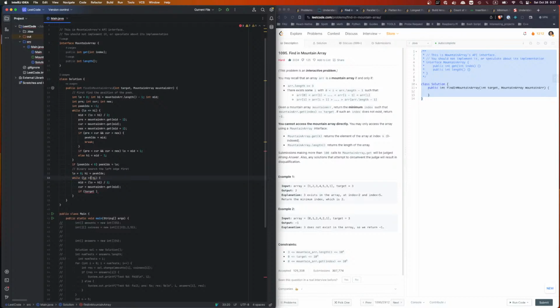But I want to do this way. So if target is equal to current, boom, return. That's the answer, mid, right?